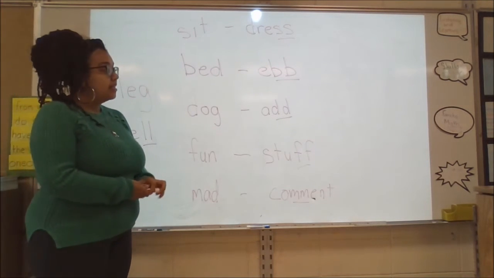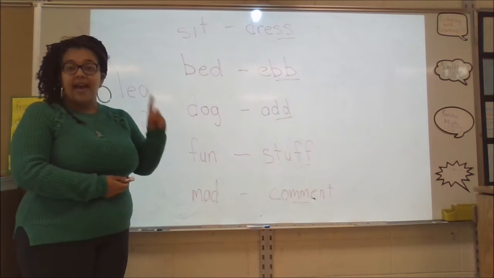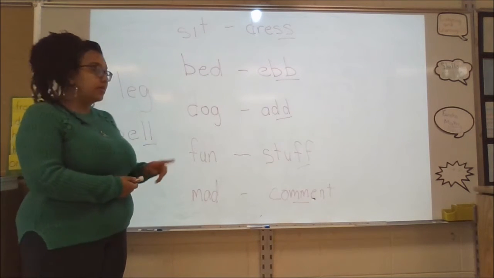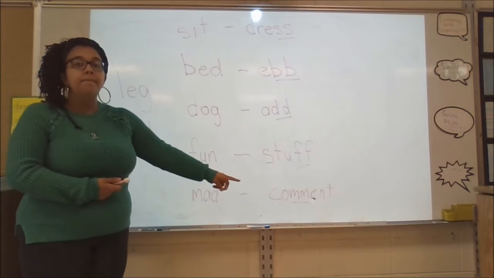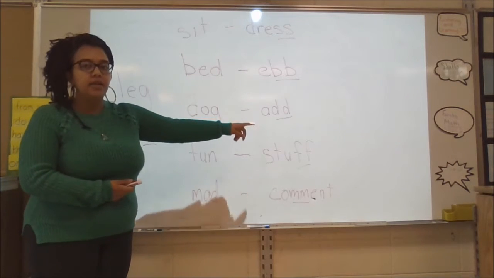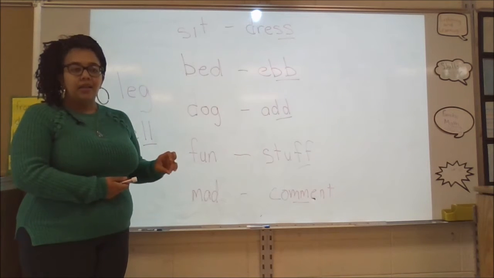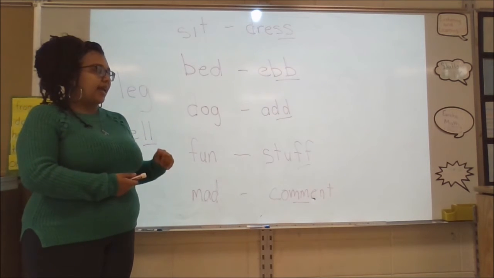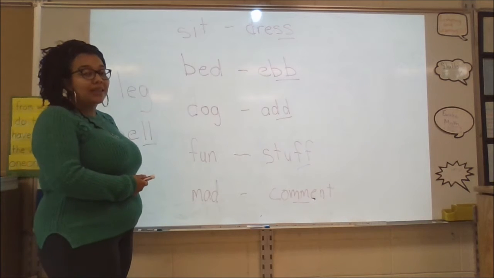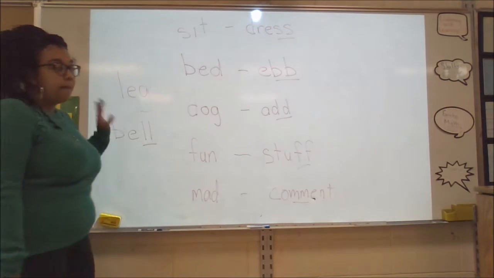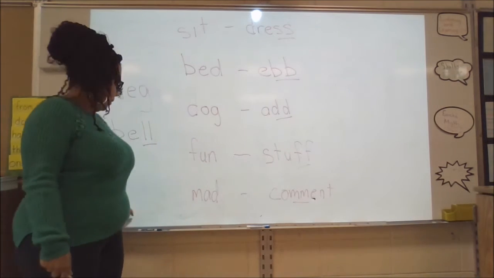Okay? So like I said, double letter spellings have that one sound. We don't say bel-luh, we just say bell. And this is technically a review, and we will review it again later on this week.